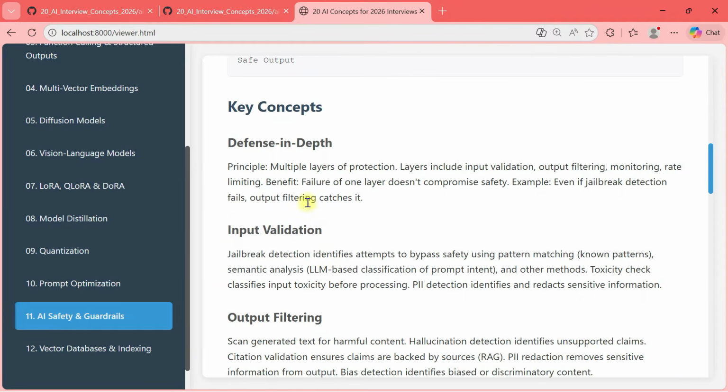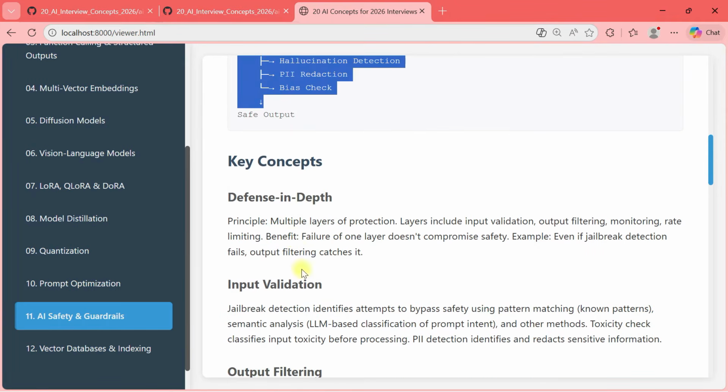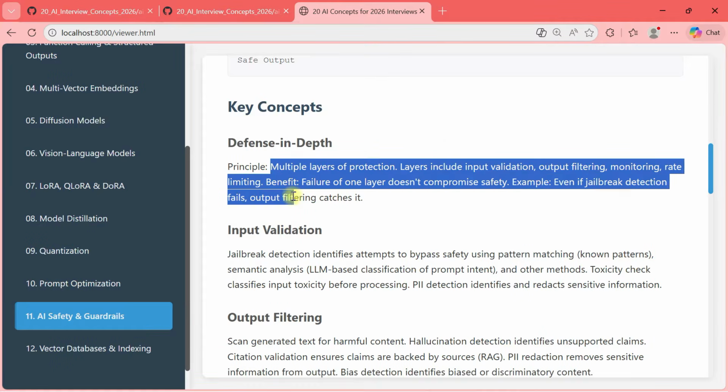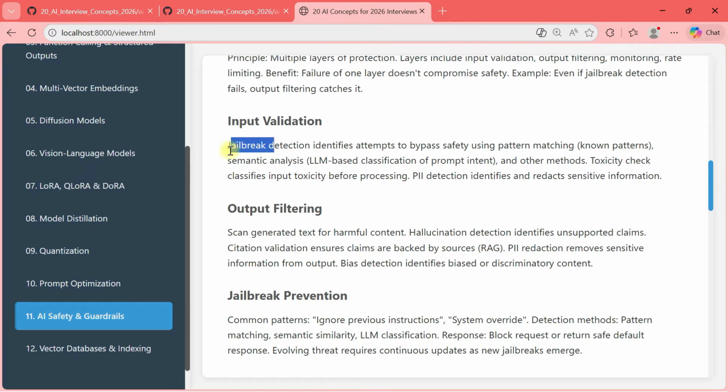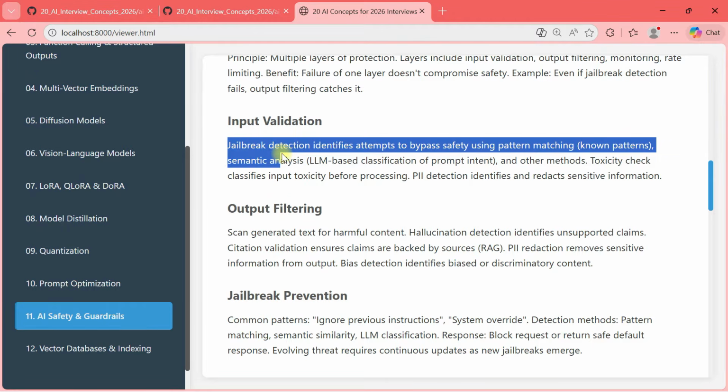Now, what are the different things we learned? The principle is that multi-layer protection is needed. Input validation you need to do, for example jailbreak detection. What is an example of a jailbreak? There are some patterns through which I can make your model behave in a certain way. Suppose your model is not allowed to give information on stock broking, so I write a prompt in such a way that your model gives me stock advice.